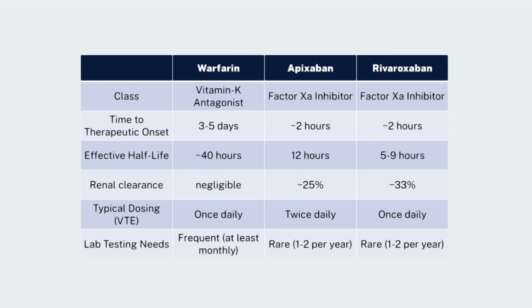Now, the first thing we look at is which class of an anticoagulant are they? As we mentioned before, warfarin is a vitamin K antagonist. It inhibits vitamin K's activity as it develops and helps to promote the production of anticoagulant proteins. Apixaban and rivaroxaban are direct factor 10A inhibitors. Now, all of these are oral agents, but they have some other important differences.